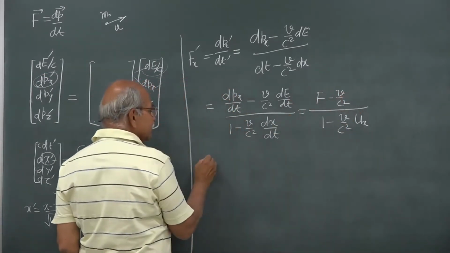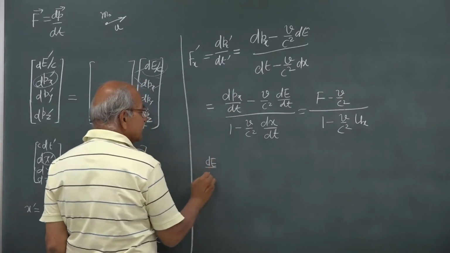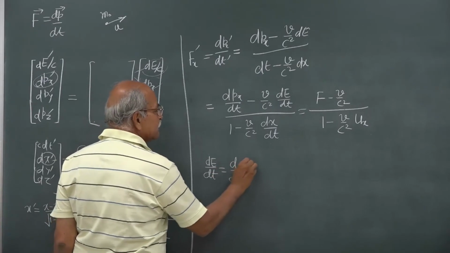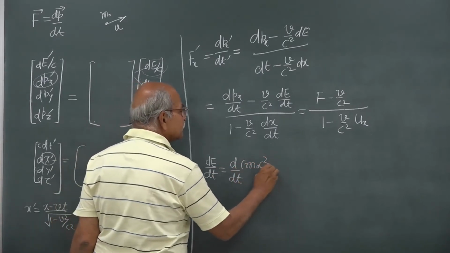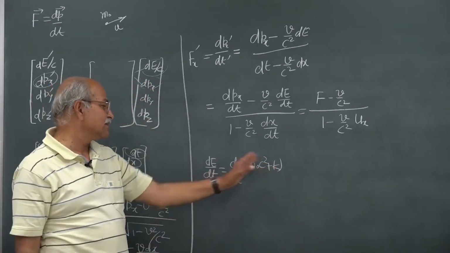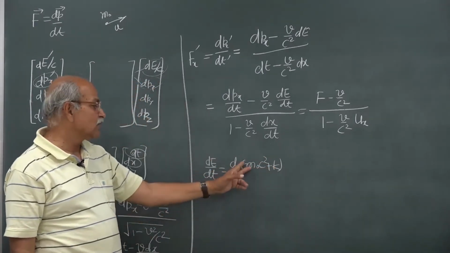What is dE by dt? What is E? E is m naught c square plus K, rest mass energy plus kinetic energy is total energy. The rest mass energy is constant.